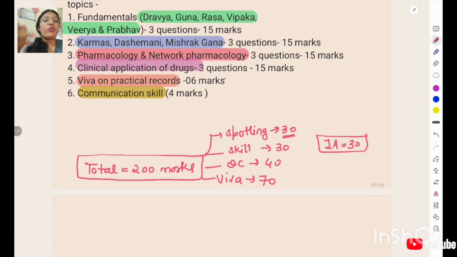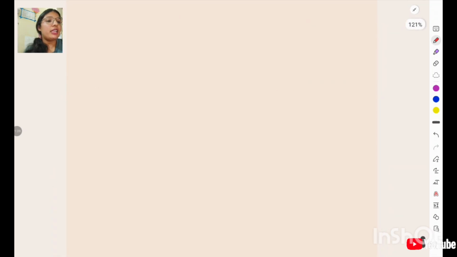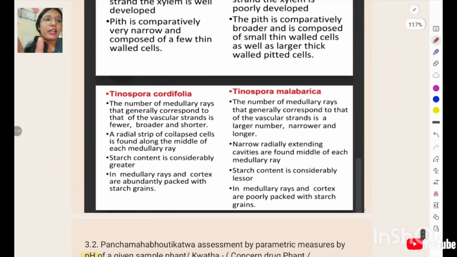Then QC you have 40 marks, 20 marks for your specific gravity, 10 marks for your pH, and 10 marks for your macroscopic analysis, 70 marks for the viva, and internal assessment that is already done, 30 marks. So these are the total 200 marks, and we have completed all aspects of the Dravya practical.